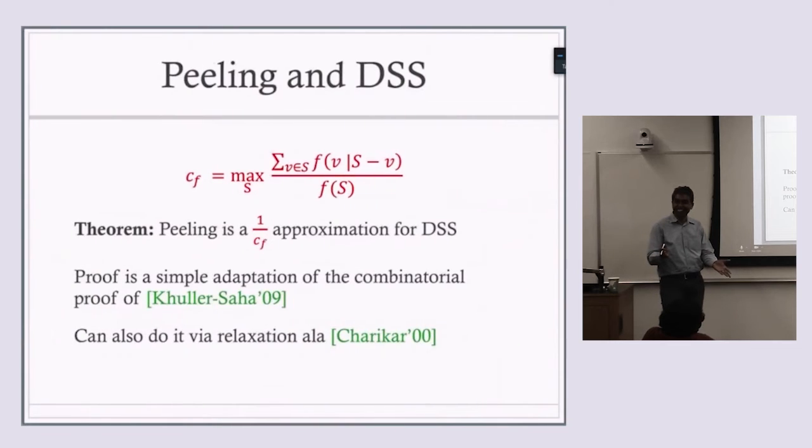So really, this is the right way. This is what greedy is really doing. The analysis is captured by this quantity. So we're recovering all the results known in the literature, including some not so obvious ones, by just this formula. And it's not difficult to prove.